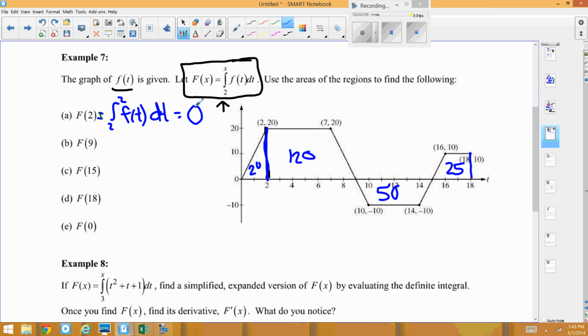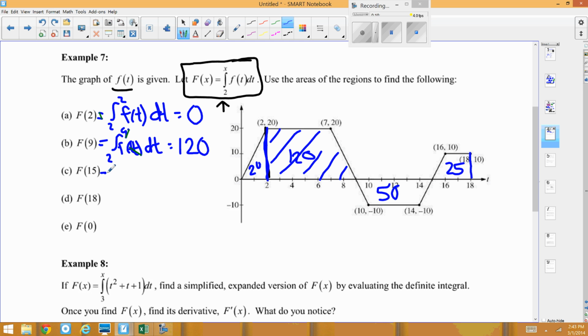There's no area. We didn't go anywhere. This one, we're going to find the integral from 2 to 9 of f of t dt, and the area from 2 to 9 is just 120. That's the area under the curve for that part.